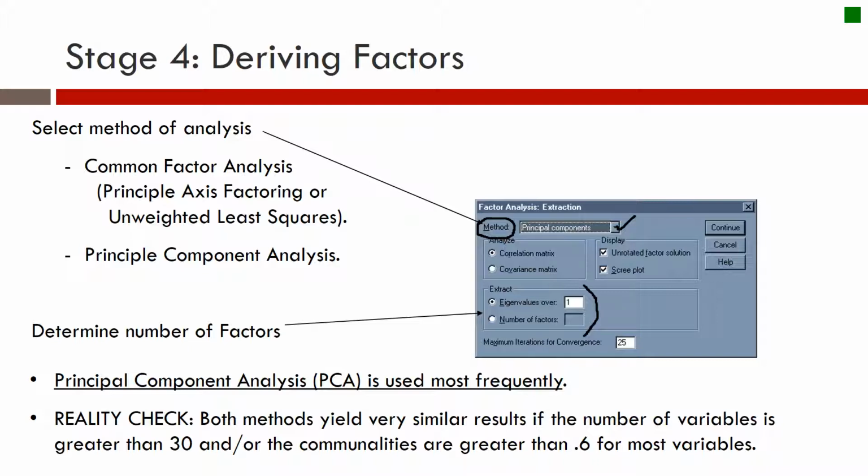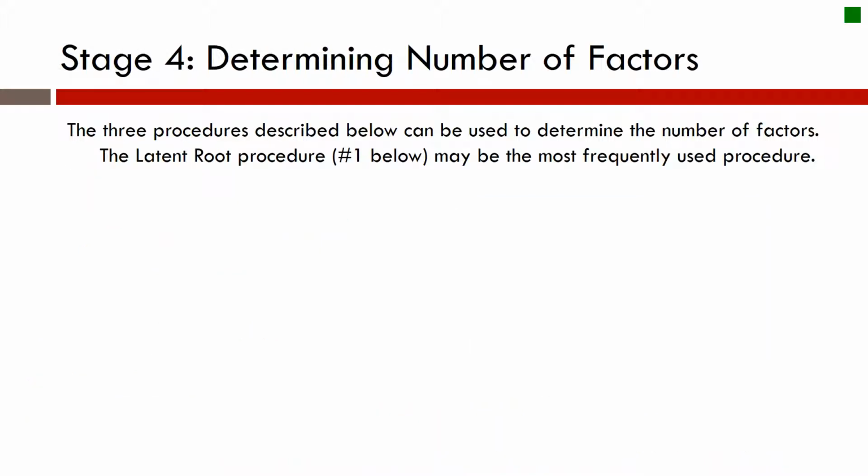So now we want to talk about how to determine the number of factors. This is going to take a little trial and error when you have your data set. It's going to be something where you go back and forth looking at different options that are available to you. Again, we specify that in this area where we're looking at the number of factors to extract or to analyze.